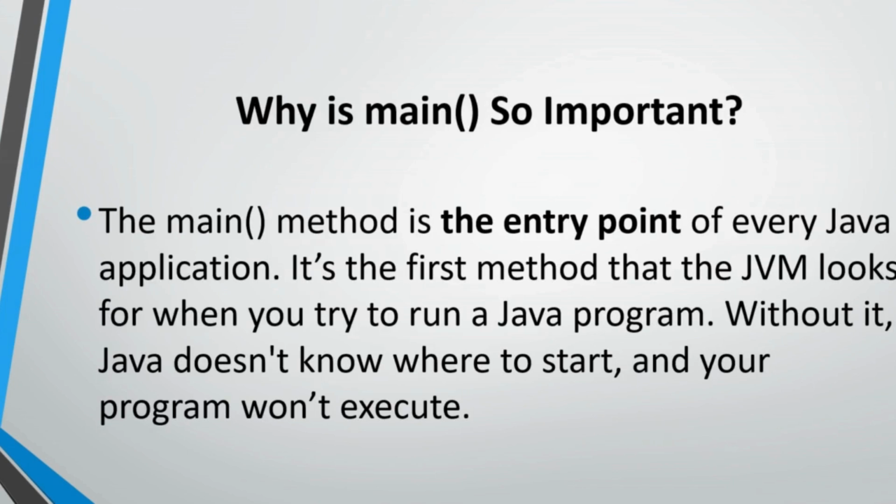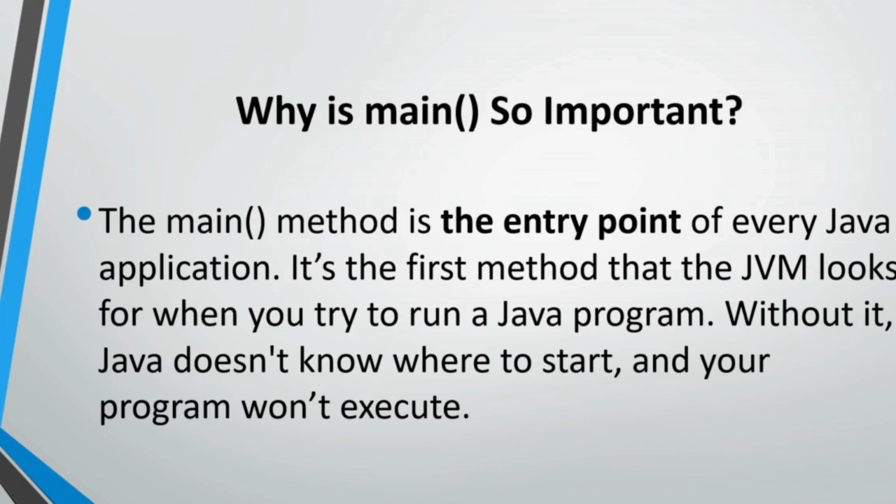Now you must be wondering why the main method is so important. The main advantage of the main method is that it's the entry point for our Java application. It's the first method that the JVM will look for when it tries to run a Java program. Without it, Java doesn't know where to start and your program won't execute.